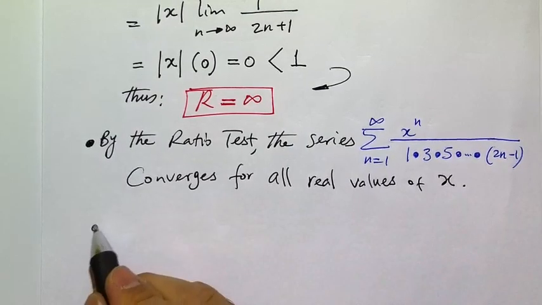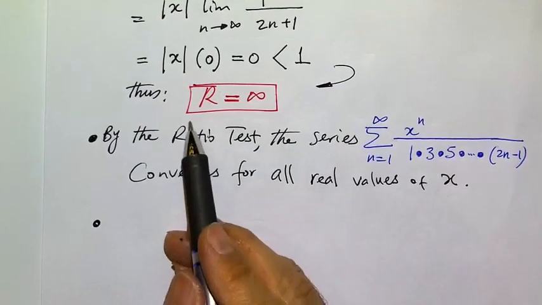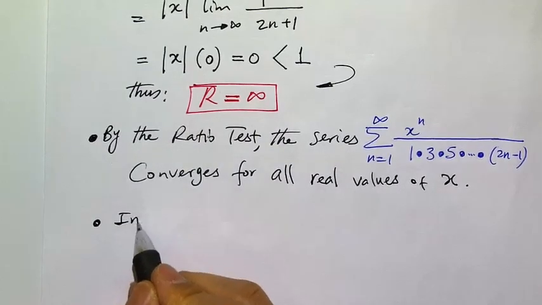And the interval of convergence, of course, is negative infinity to infinity.